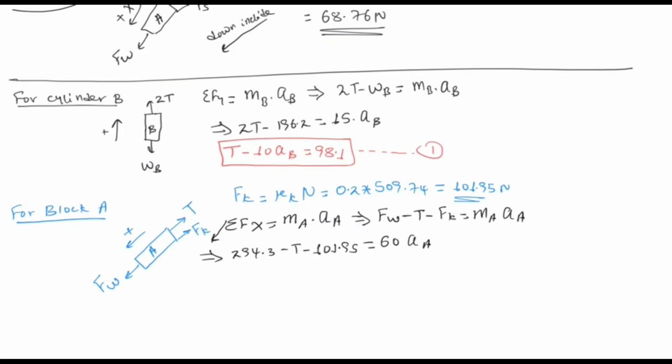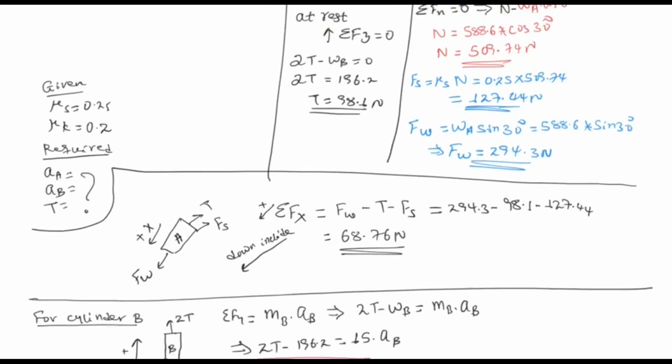If you simplify this, finally you'll get T plus 60 accelerations of A is equal to 192.35. So let's call this equation 2. Now from the constrained motion, we know the velocity and acceleration relationship between the two particles.